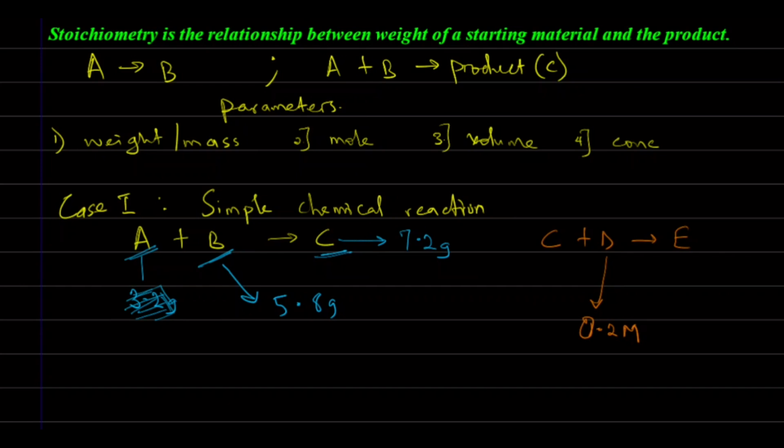So we can be given the concentration of D, and we are asked to solve for the concentration of either C or E. So in a simple chemical reaction, we'll be given the parameters related to one of the reactants or the product.